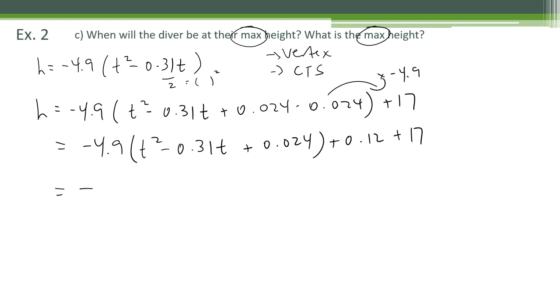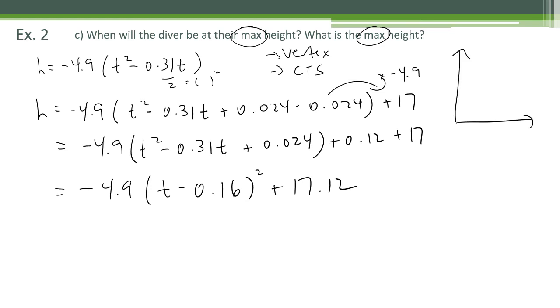And we are ready. This is going to be t minus the half value, which was 0.16 roughly, squared plus 17.12. So if we go back to our little picture, that was 17. So they got a little bit of height off of that and went down to the water.